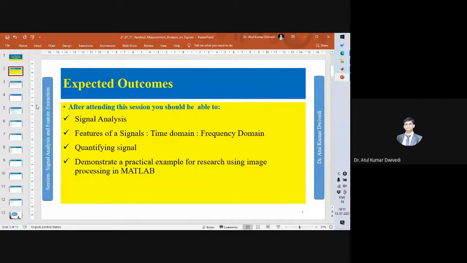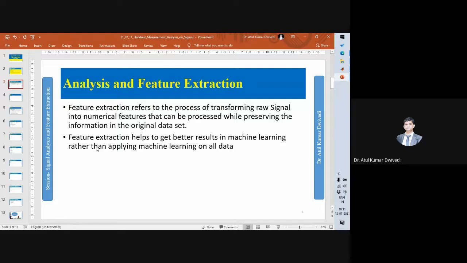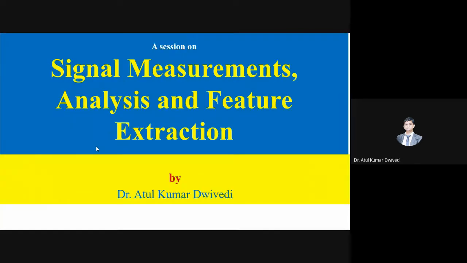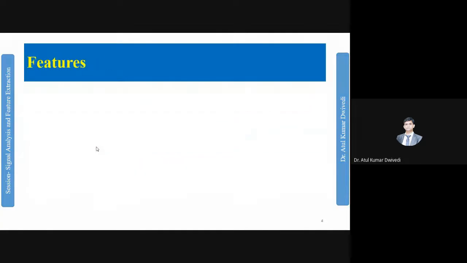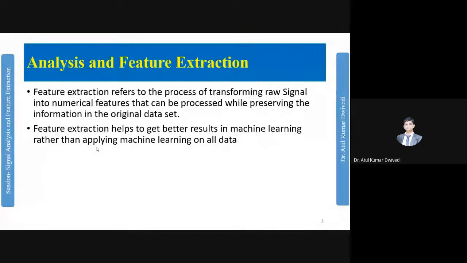So signal features can be in the time domain or in the frequency domain. Then we'll see some signal similarity calculation like autocorrelation and others. So feature extraction is an important part, and it is the process of transforming the raw signal into some parameters.